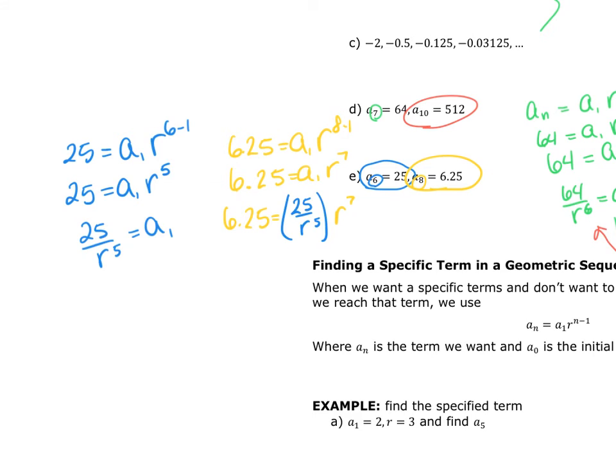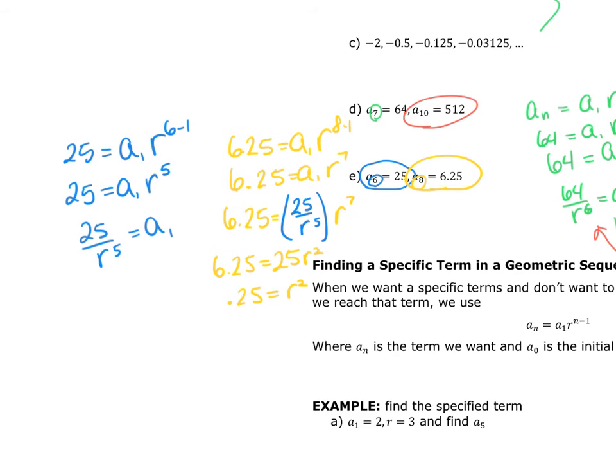Using my regular rules of exponents, I get 6.25 is equal to 25 r squared. I'm going to take 6.25, I'm going to divide by 25, and I get 0.25. So 0.25 is equal to r squared. Now I'm going to take the square root of both sides.